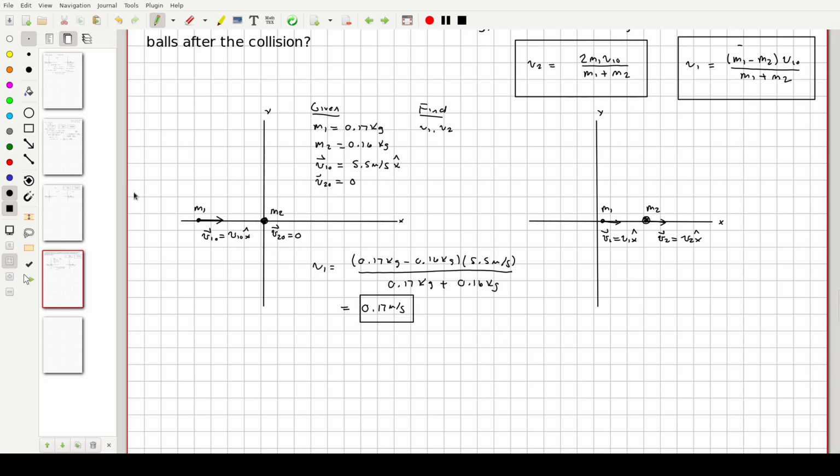Okay. Now, what about for the 8 ball, which is M2? For the 8 ball, that's going to be 2 times M1 V1 naught. M1 is 0.17 kilograms. V1 naught is 5.5 meters per second. And then we'd have to divide by the sum of the masses.